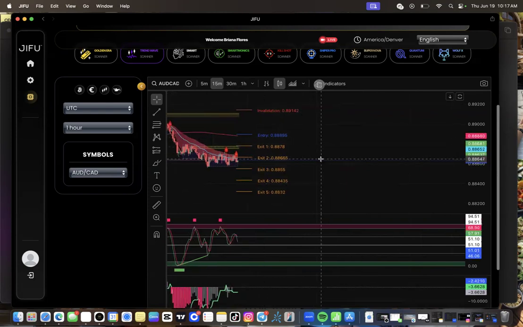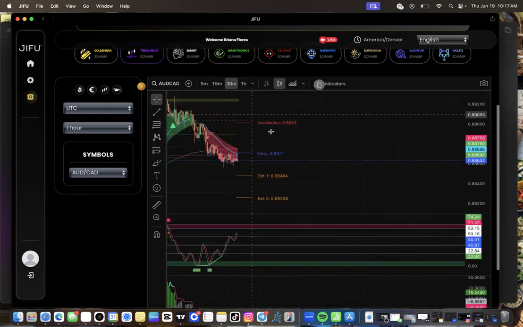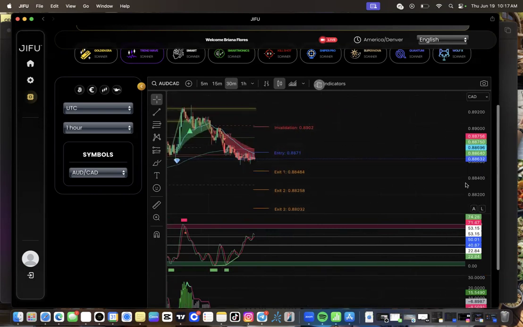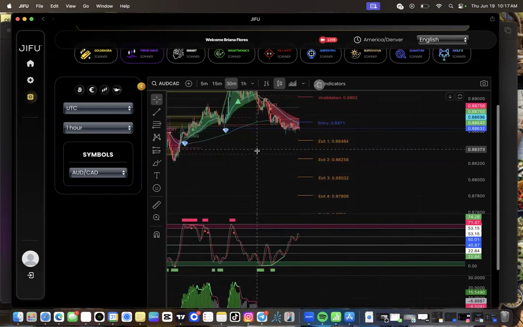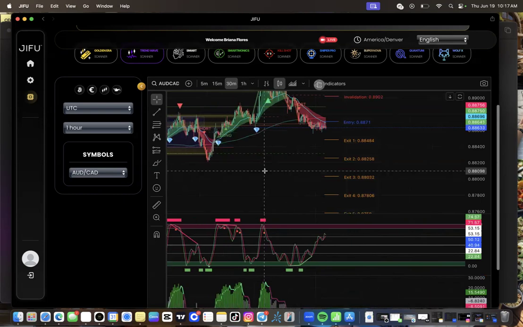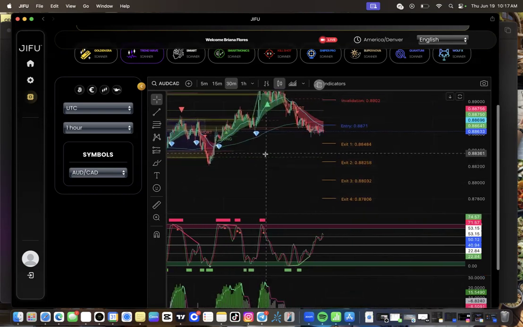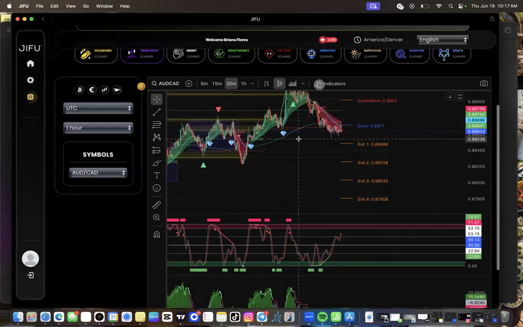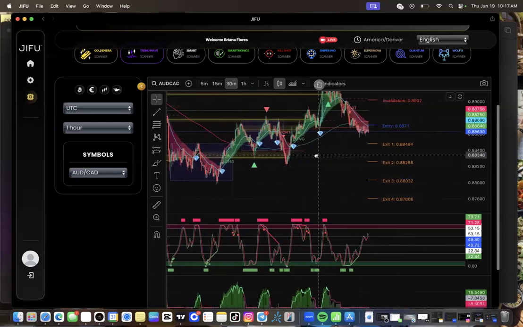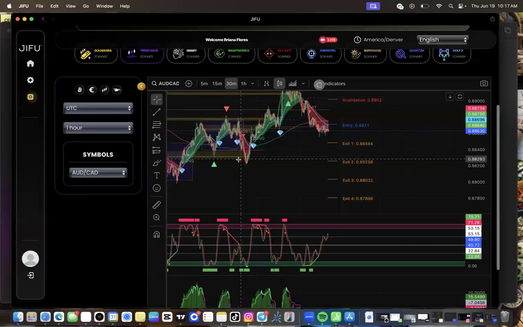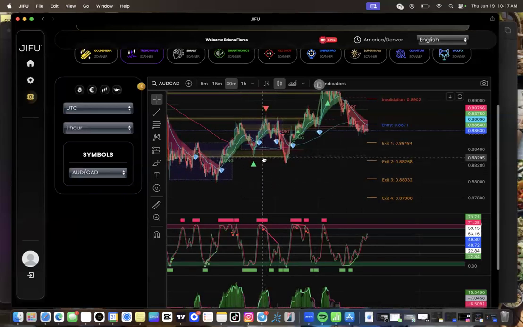AUD CAD. Oh, it does actually. Let's see. The only thing I'm not liking is this resistance right here.